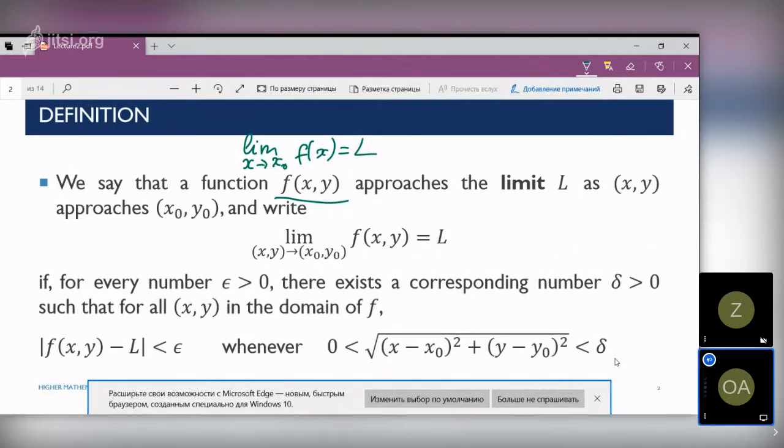But now we have two variables, x and y. There are two variables in our case now. So both variables should approach their limits, and then we can find the limit of the function f.